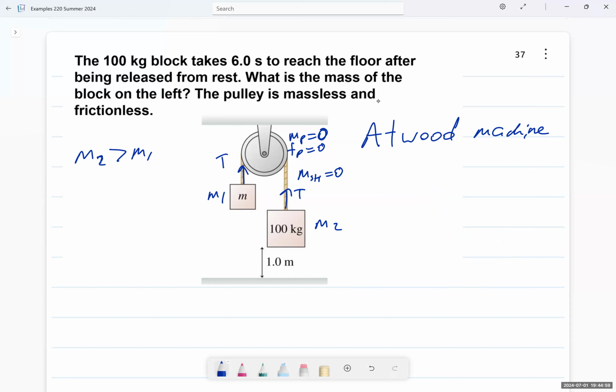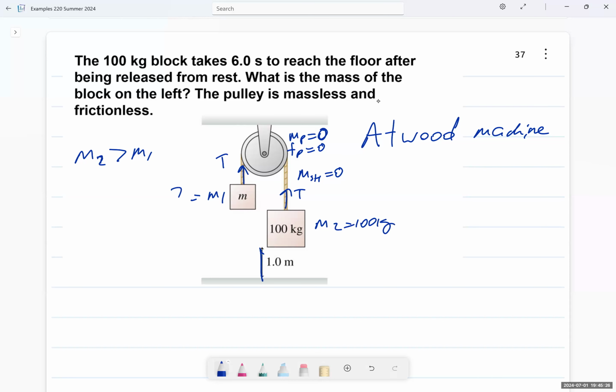So imagine you have this, you're holding the system in equilibrium at rest, with block M2 being 1 meter above the ground, and then you let go of the system. As soon as you let go, the system starts accelerating. And then the 100 kilogram block, which is M2, is going to start accelerating down.